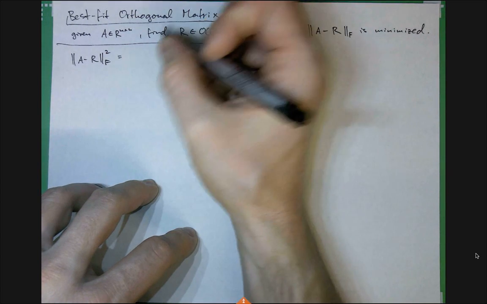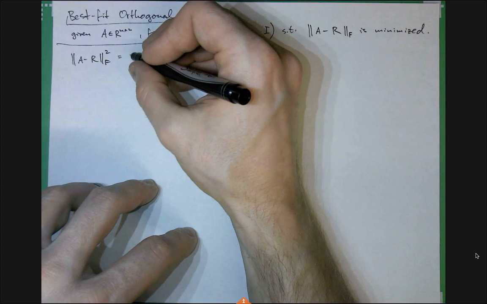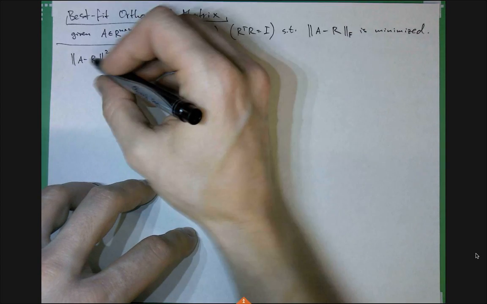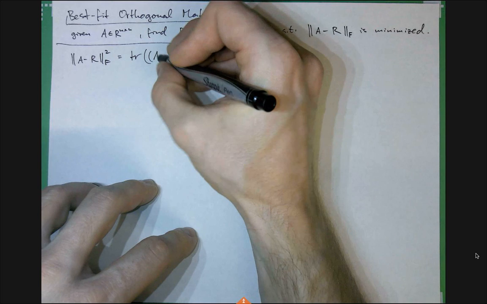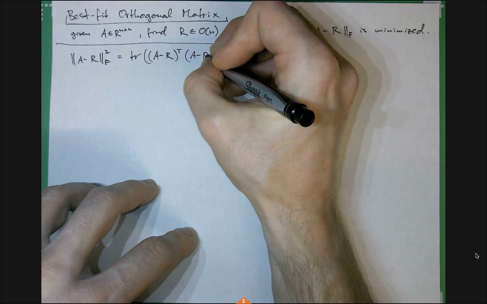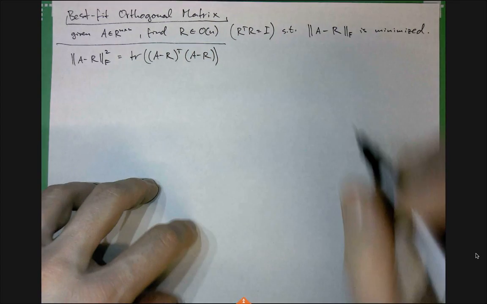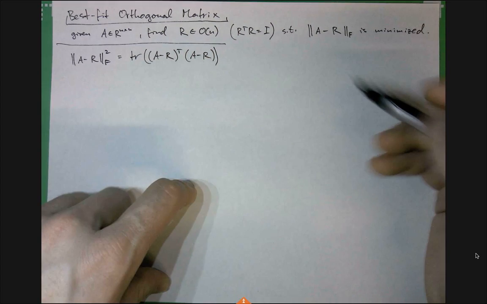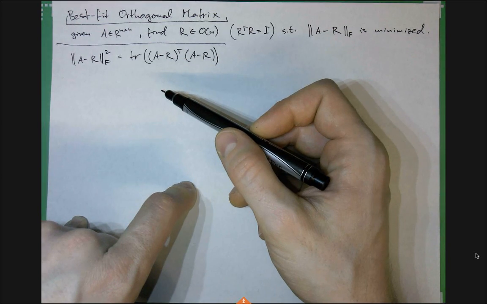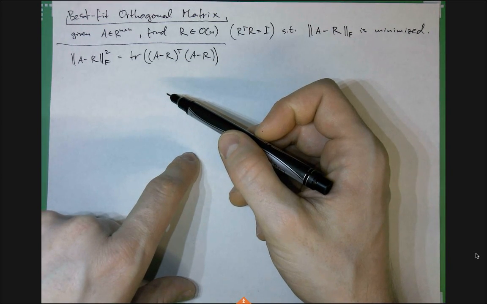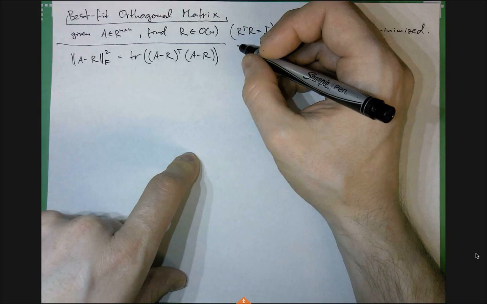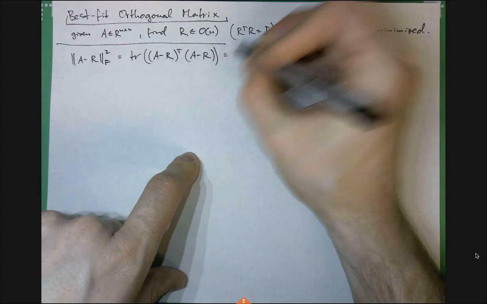And now what is this? How do I rewrite this? So I again use the trace formula just like before. So the Frobenius norm squared is the trace of (A minus R) transposed times (A minus R). Do you remember this? That's what we used before too. That's the expression of the Frobenius norm using trace. Now we can expand this.